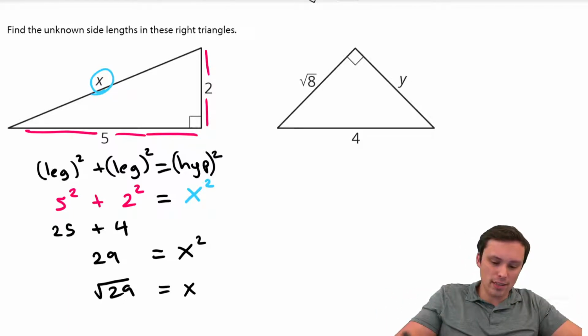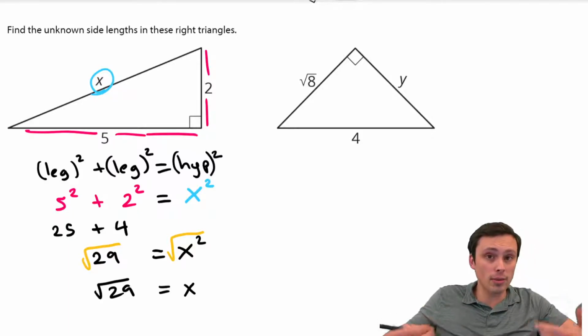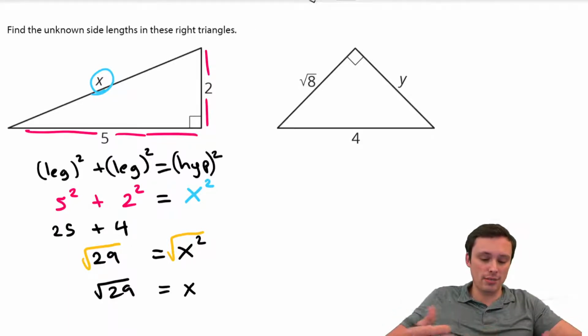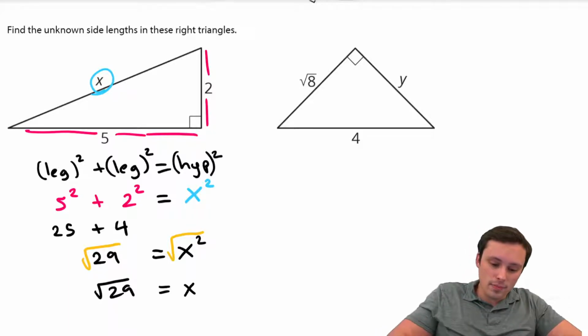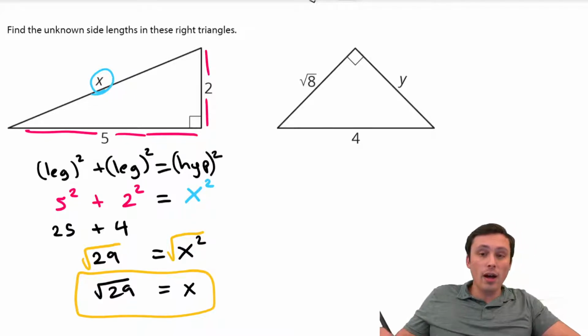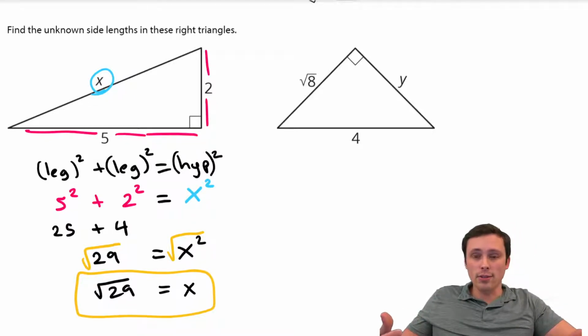The other way you can think about this algebraically is that you are performing a square root operation on both sides of the equation to undo, or do the inverse of, the square. All right, that's the answer right there. Although you might want to get a rounded answer, which would involve typing the square root of 29 in your calculator and then rounding it.